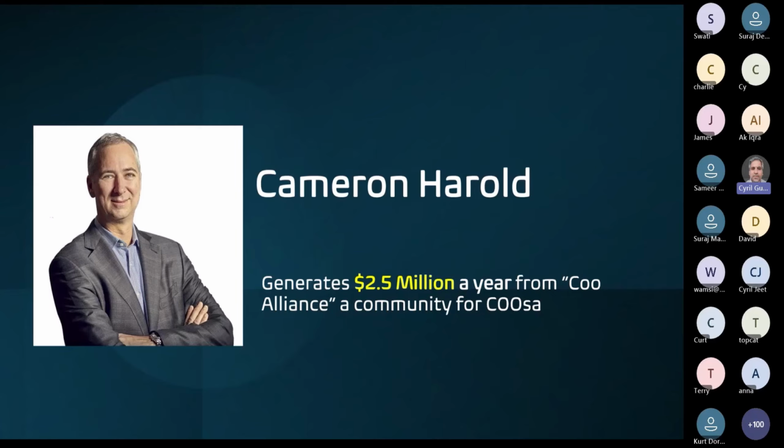He talks about issues that are relevant to CEOs, and he's being able to monetize this to the tune of $2.5 million a year. That is crazy. Then we have Jay Klaus, who created a community for science, right? He talks about science. He talks about what is going on, technology and all. And he does $460,000 a year.